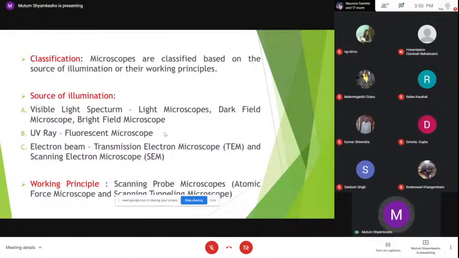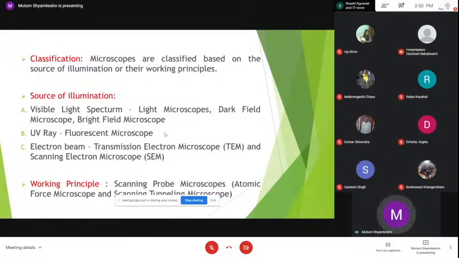But when there is a specimen on the microscope stage, the light will be diffracted by the specimen, and these diffracted light rays are collected by the objective lens and form the image of the object. The image is bright against a dark background, and thus the name dark field microscope is given.